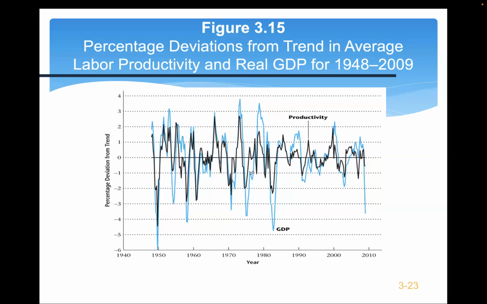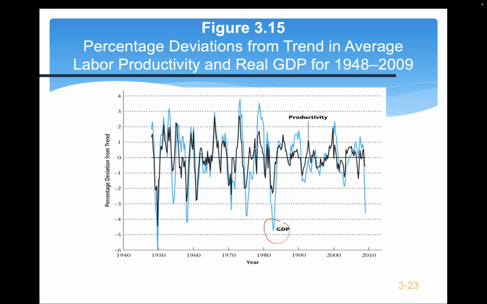Productivity is measured by the output per worker. Now productivity is the black line and the GDP is the blue line. Again, what are we seeing? This is pretty much like employment. Productivity rises when GDP rises.